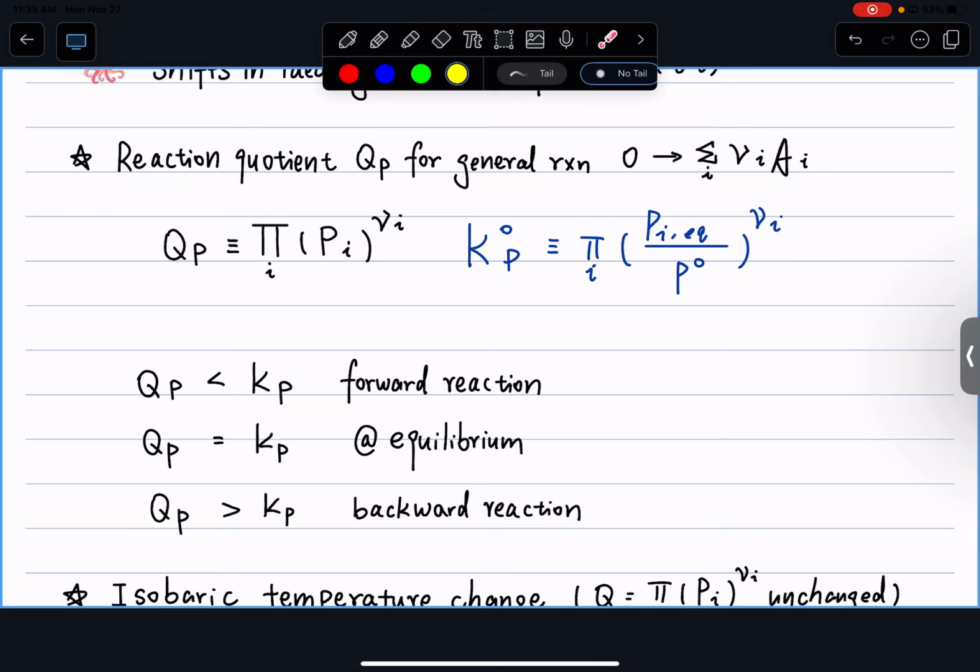The take-home message is when your reaction quotient equals your equilibrium constant, that's at equilibrium. When your reaction quotient is smaller than your equilibrium constant, that is a forward reaction. And when your reaction quotient is larger than your equilibrium constant, that's a backward reaction.